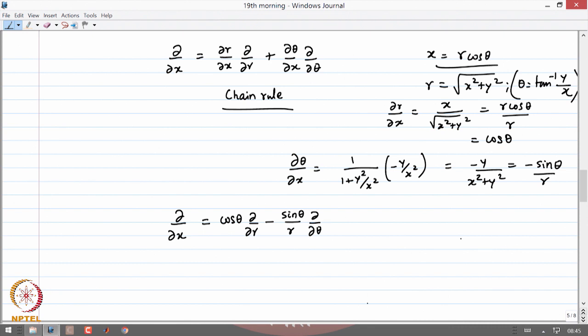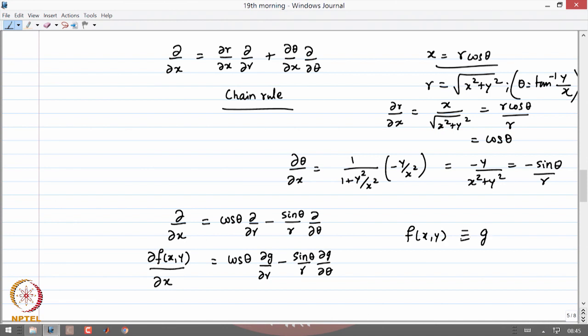Therefore if you do ∂f(x,y)/∂x, you calculate that. To calculate the corresponding quantity using g, you must actually do cos θ ∂g/∂r − (sin θ/r) ∂g/∂θ, where f(x,y) and g(r,θ) are equal.